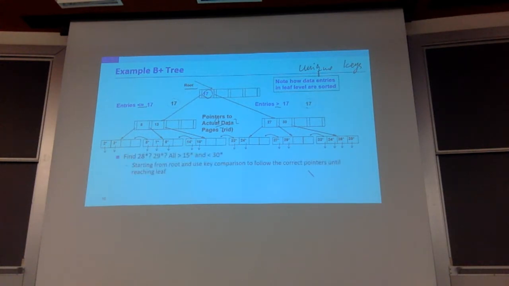Then suppose we are trying to find 28. We just do the same as we do in ISAM. You find the very last key that is smaller than 28.